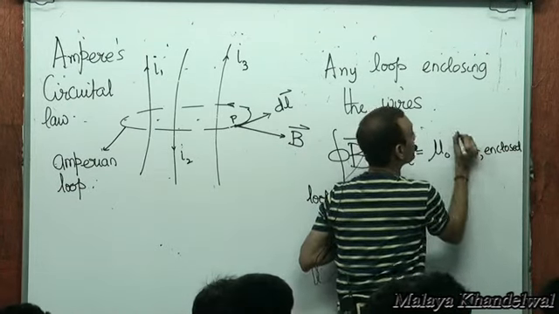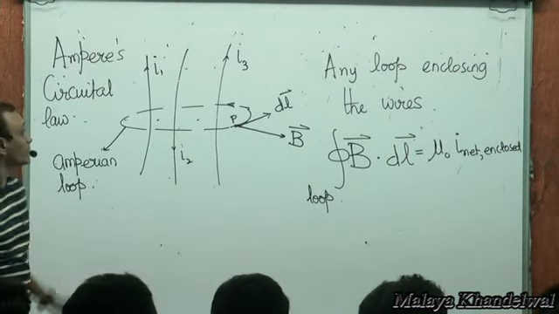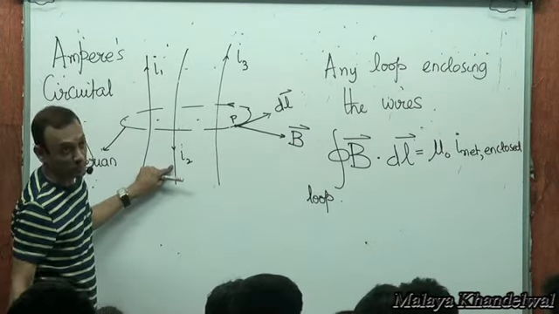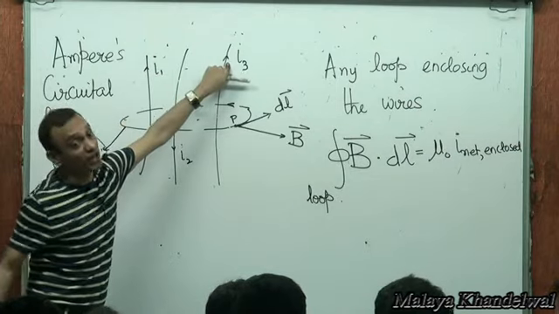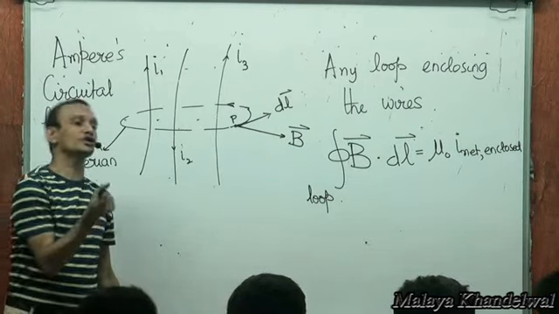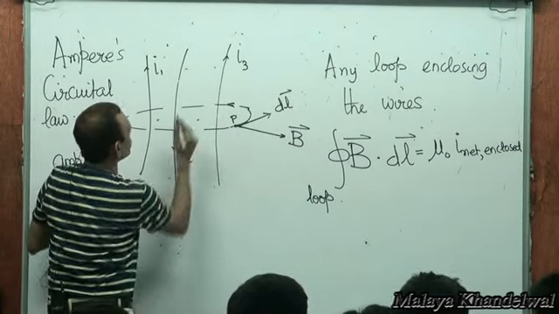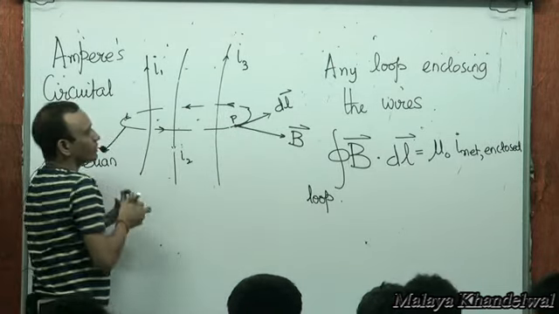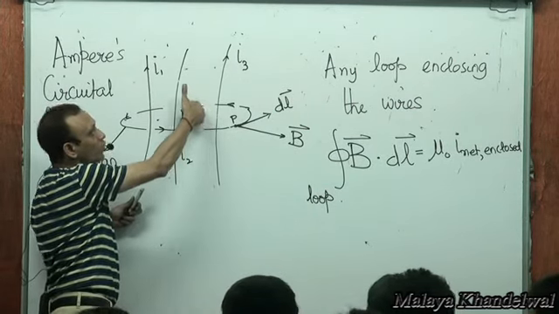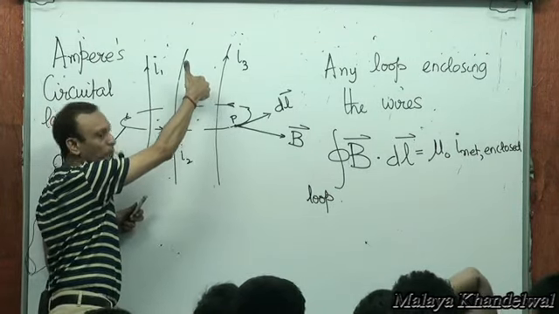Now, there is something about the sign of these I's. Some of these I's will be positive, some of these I's would be negative. Very clearly, I1 and I2 would be of opposite signs. I1 and I3 would be of the same sign. Now, the way to determine the sign of these will depend on how you are circulating the loop. If you are circulating the loop like this, for example, as shown in the figure, curl the fingers of your right hand along the loop. Then all currents in the direction of the thumb would be positive and opposite would be negative.